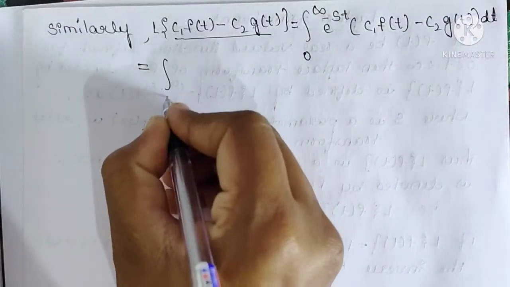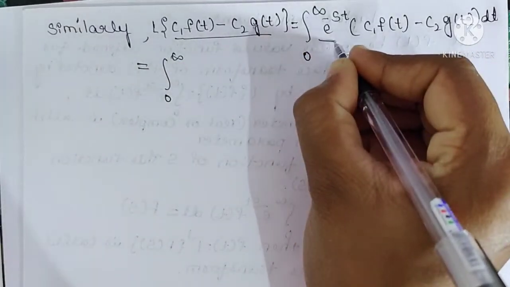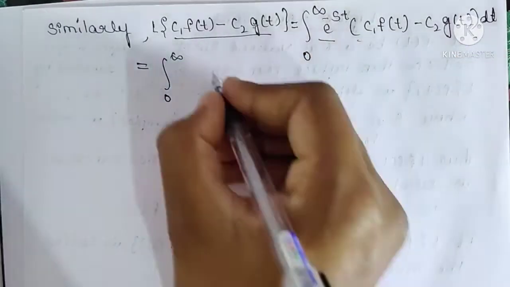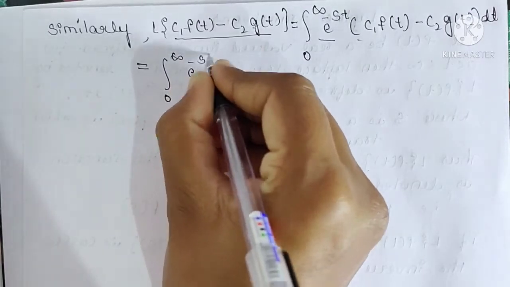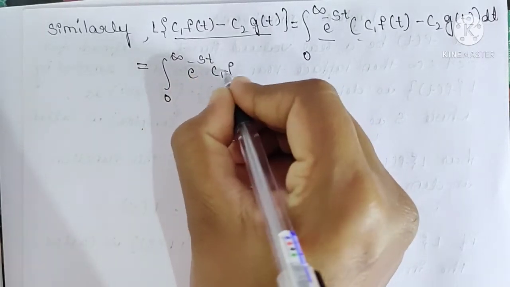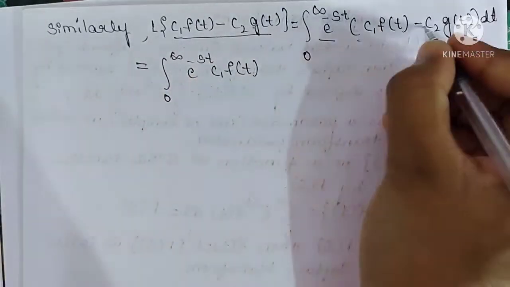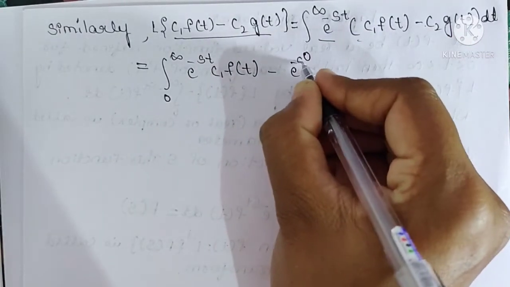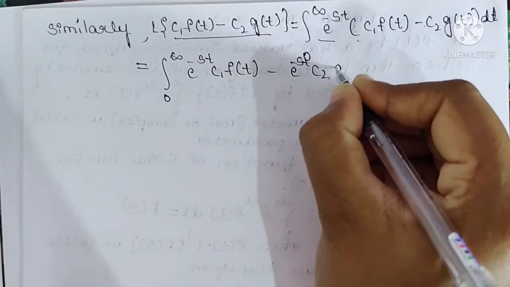This implies integral from 0 to infinity, multiplying e^(-st) inside the bracket, we get e^(-st) c1 f(t) minus e^(-st) c2 g(t).